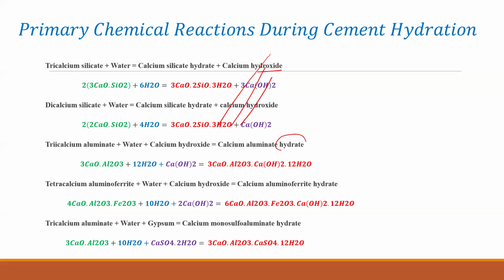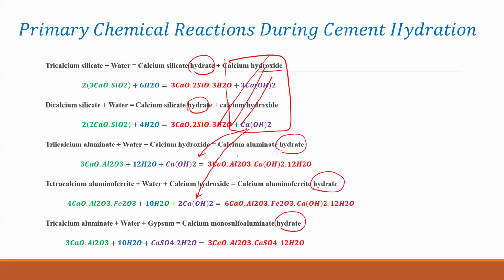So all hydrates are remaining here. These are the hydrates that we have when the reaction is completed, because these ones are reacting again. The only things remaining on the right hand side will be hydrates, all these hydrates.